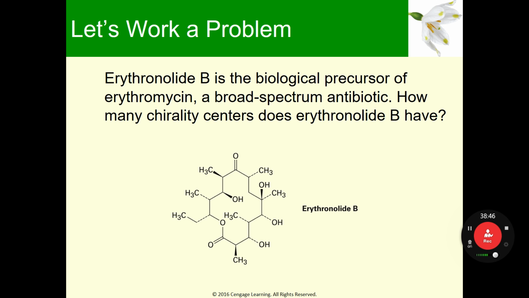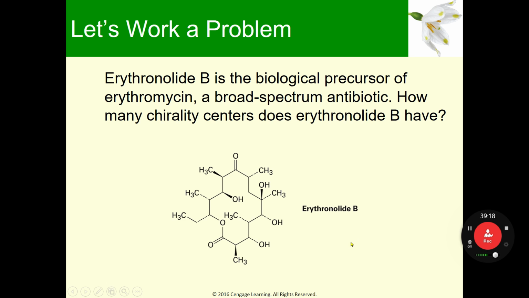This is erythronolide B. This is an intermediate of the biosynthesis of erythromycin. It's a very good antibiotic. For example, here, wow, so many chiral centers, you can count them. So actually, erythronolide B may have several different chiral isomers, right?